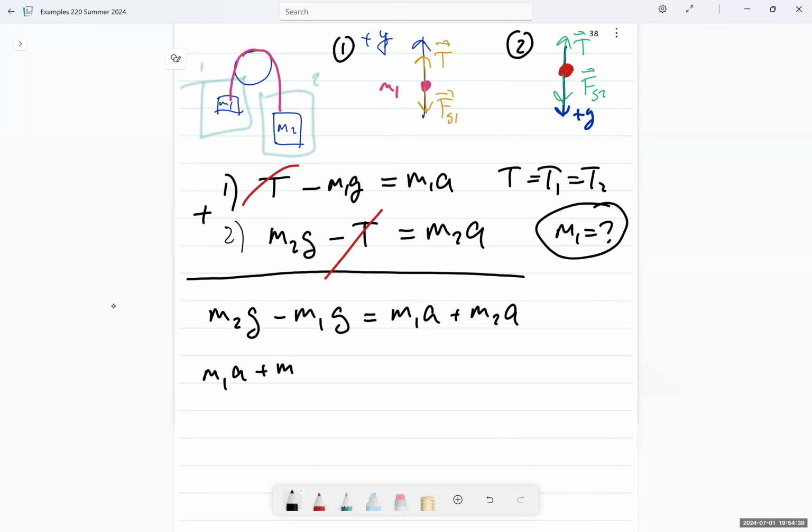So if I rearrange, it will be M1A plus M1G equals M2G minus M2A.